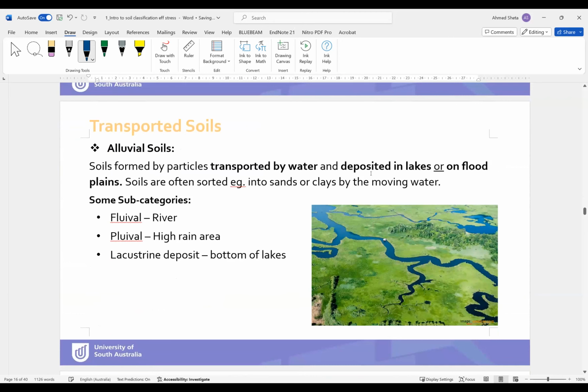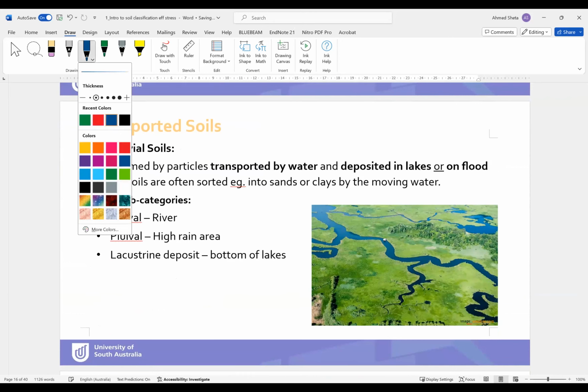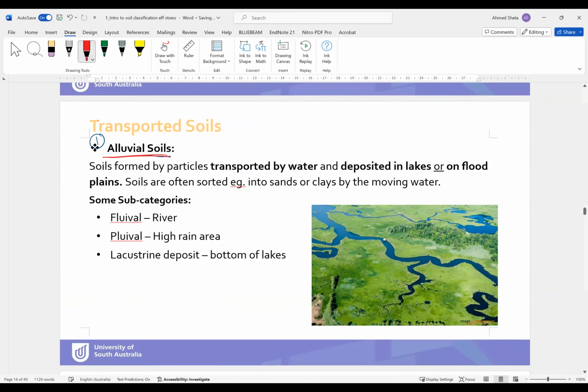For example, the first type we have is the alluvial soils. Alluvial soils are soils formed by particles transported by water. So the main definition of this type of soil is that it has been transported by water and deposited in lakes or floodplains.